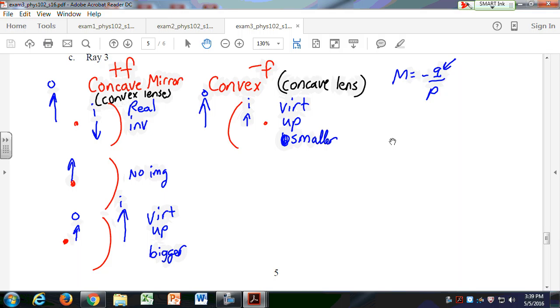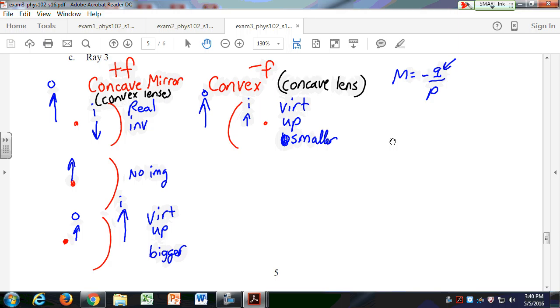You have to go back through these different things and say, oh, the image is smaller and upright. That must be a convex mirror. That's a virtual image. Or my image is bigger and upright. That must be a concave mirror when I'm inside the focal point. Or I have a real inverted image. That must be a concave mirror.